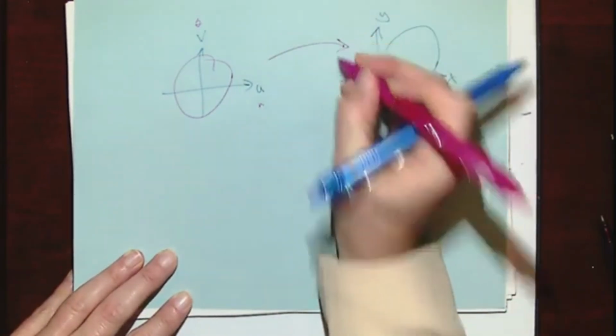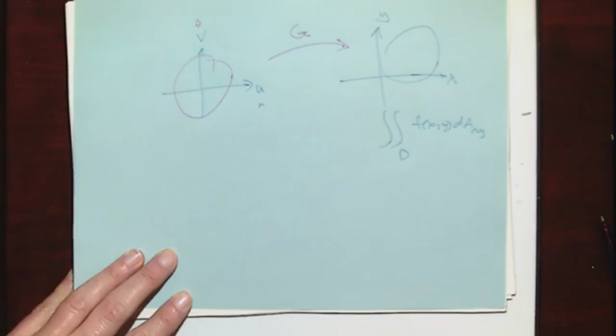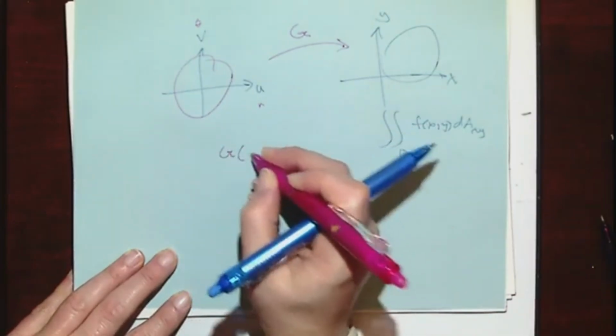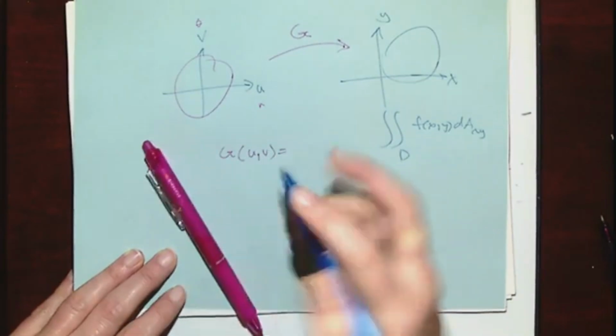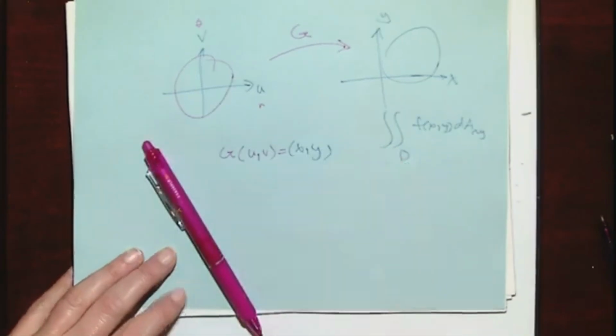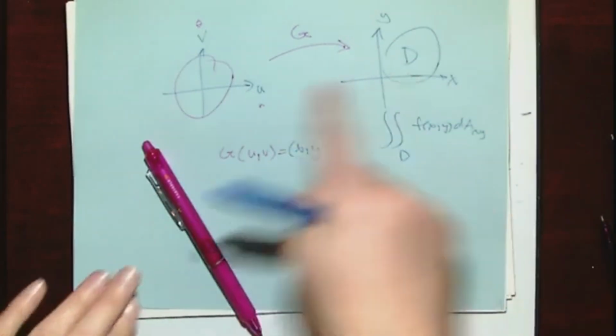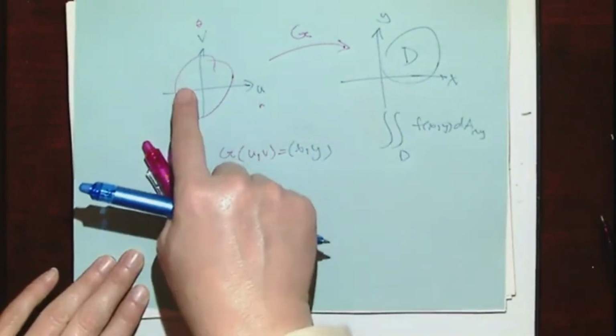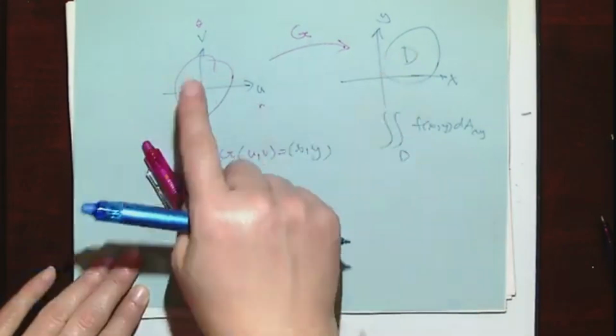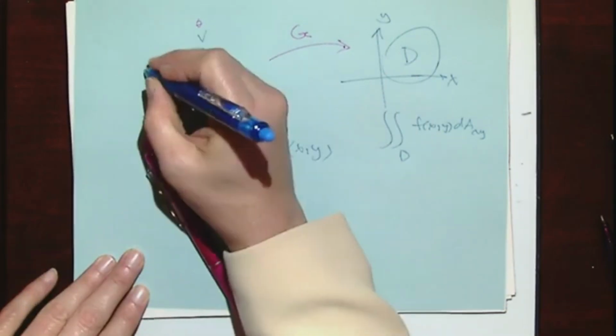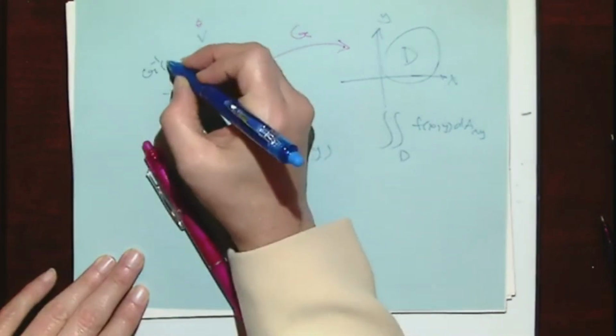And we call this relationship G, as I told you. G of u and v will give you x and y. And if this is D, there was a region that gave me D. This region is going to be called G inverse of D.